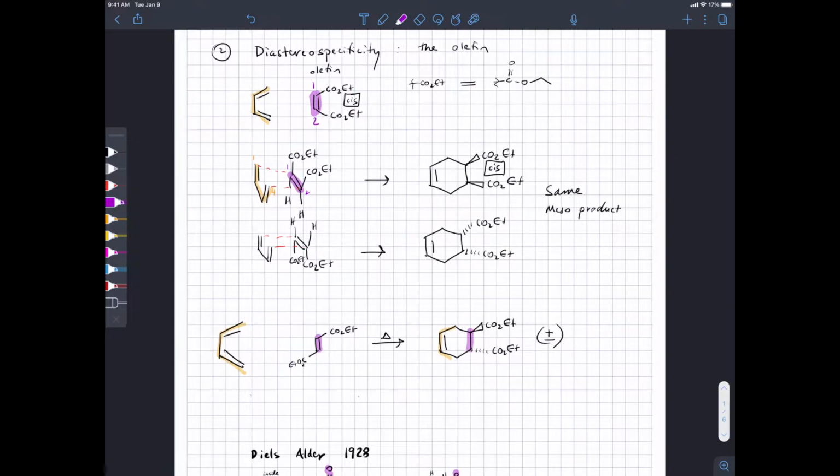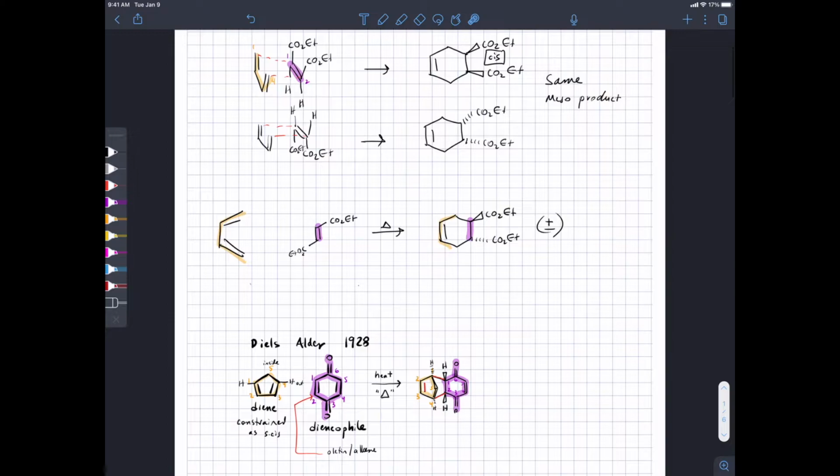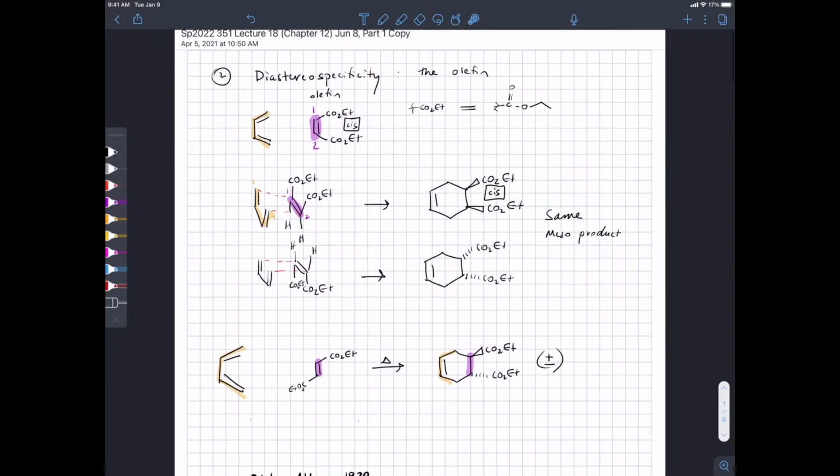Only this time, substituents that were trans on the dienophile or the olefin have to be trans in the product. And of course, if I make stereocenters and my product is chiral, but my starting materials were not chiral, then I have to get both enantiomers, which is what I have indicated with this plus minus.